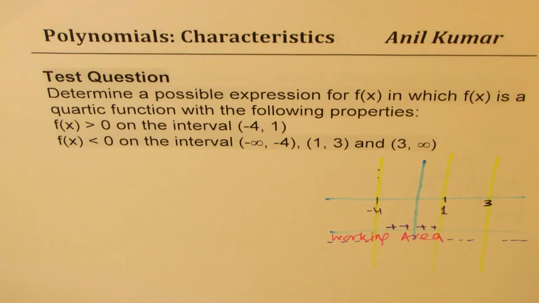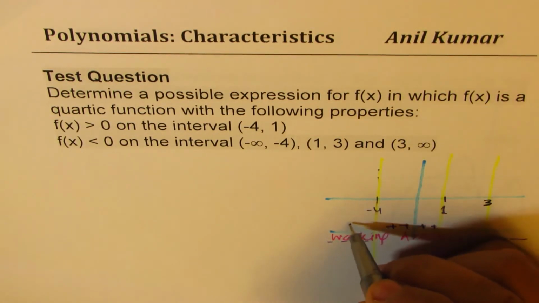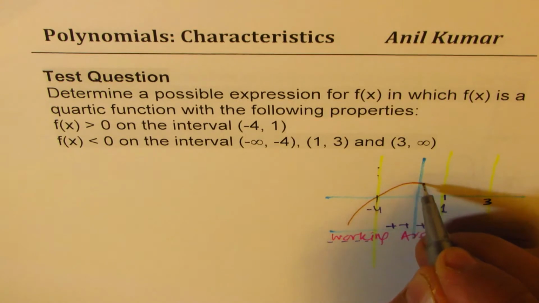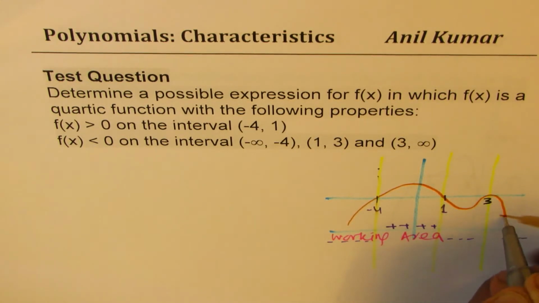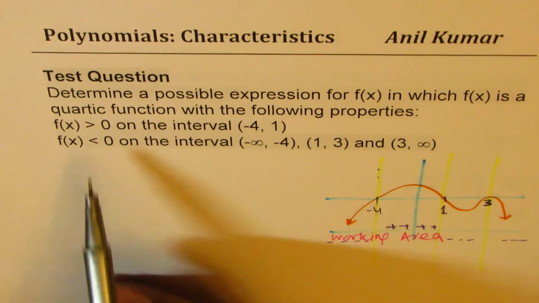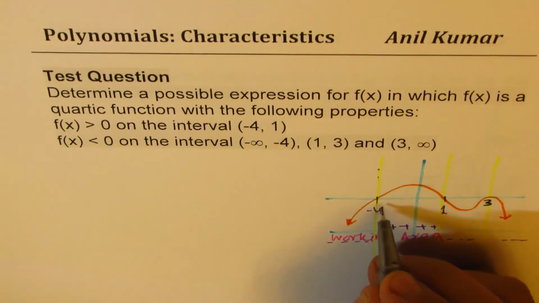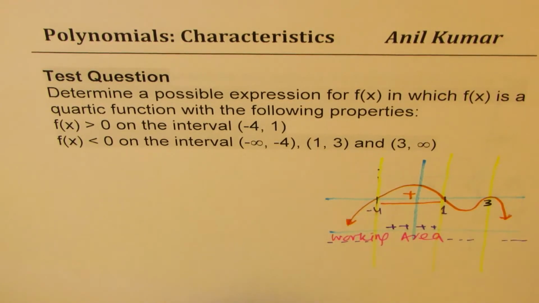So the best way I could represent the given information is kind of like this. I could think about going from this side, crossing, coming back, crossing, and then this. Do you see that? So if I have that picture in my mind, f of x greater than 0 in this interval is positive, right? And negative in all other intervals.